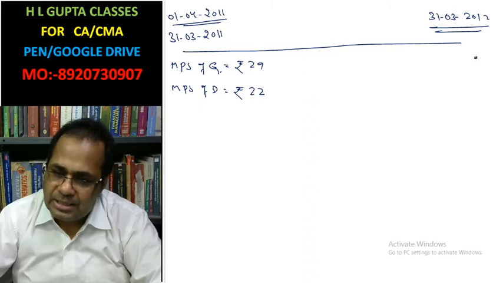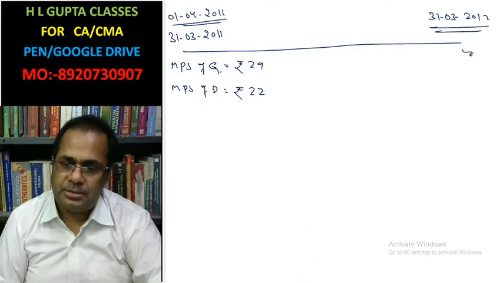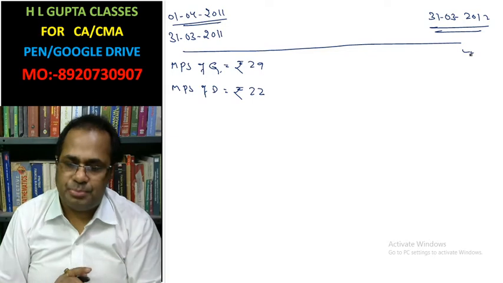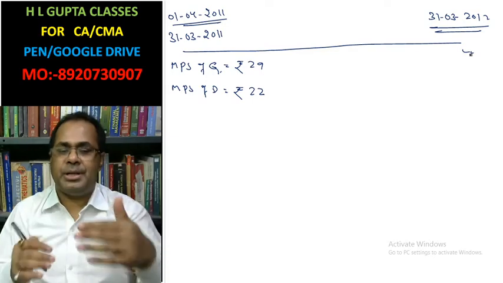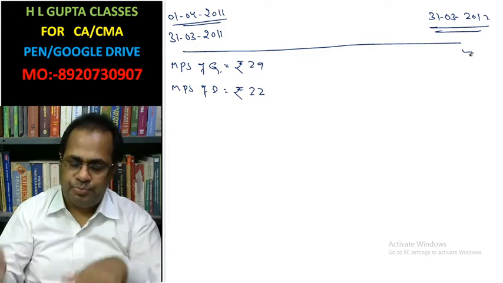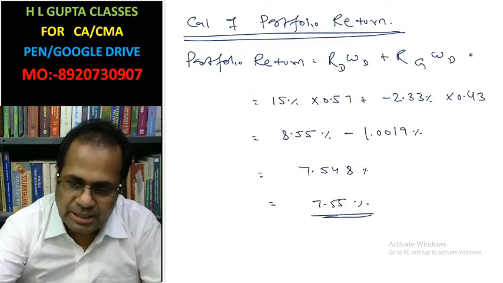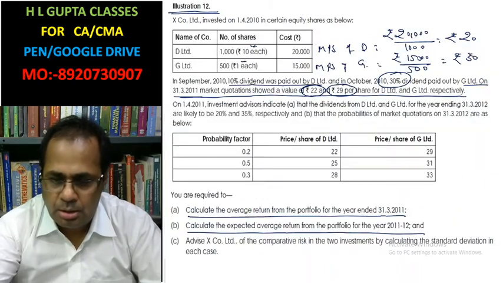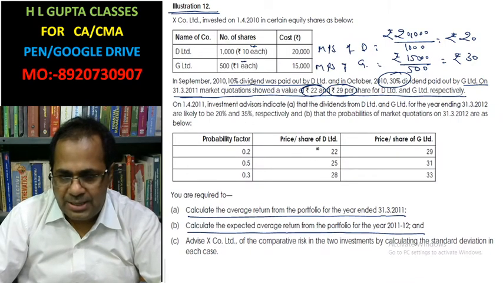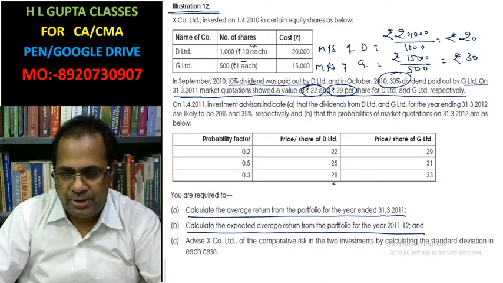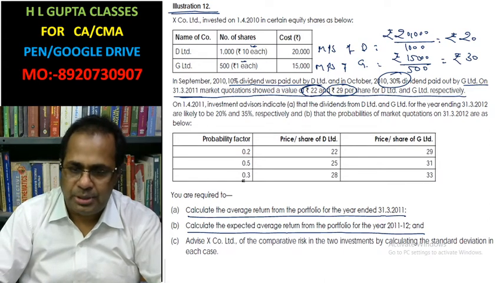In this case, the market price per share is given in the case of probability. Look at here. In this case, market price of D is 22, 25, 28, 29. This is market price. These are the probability.